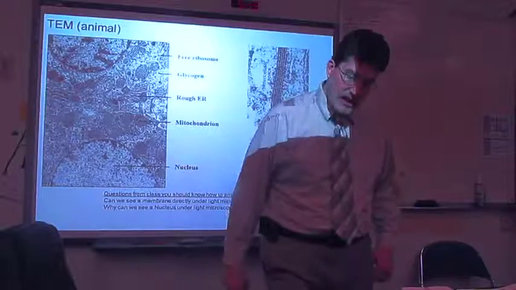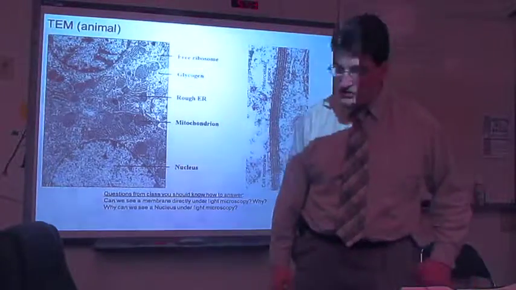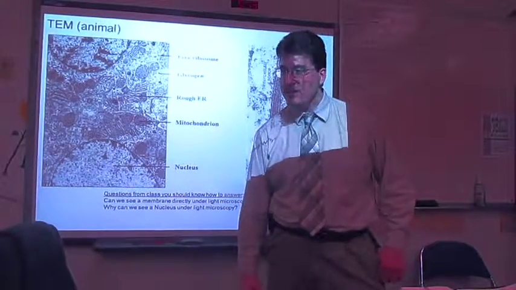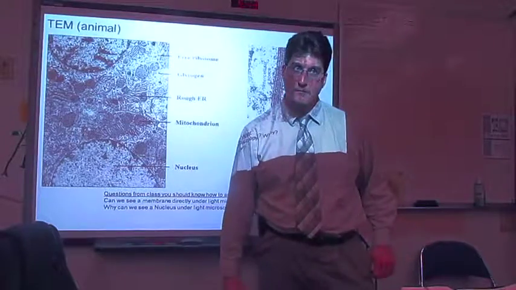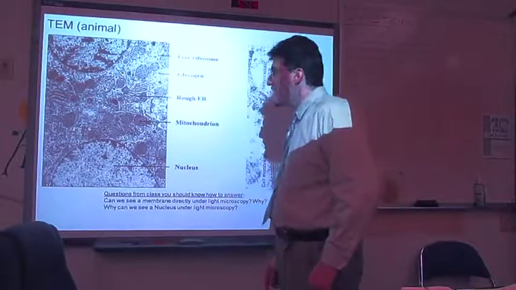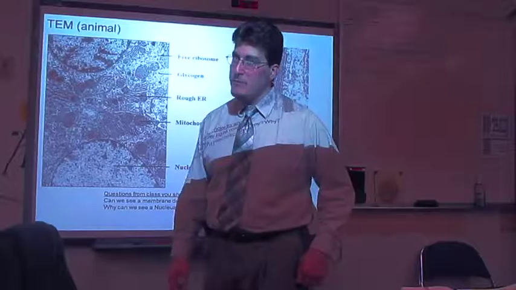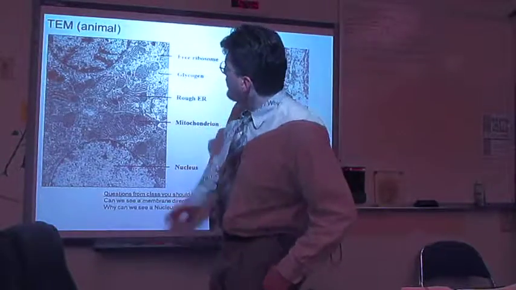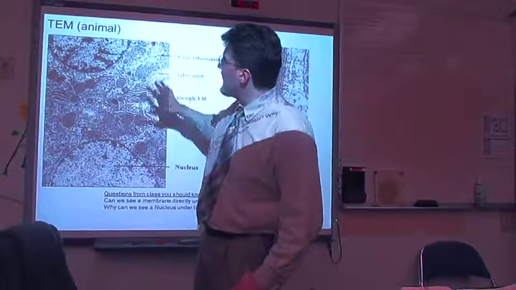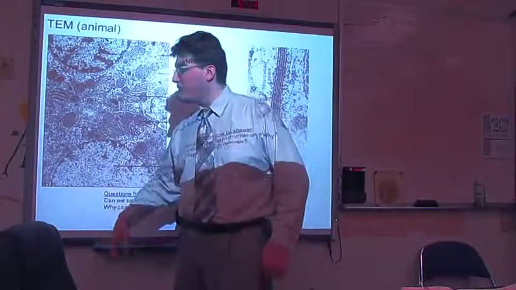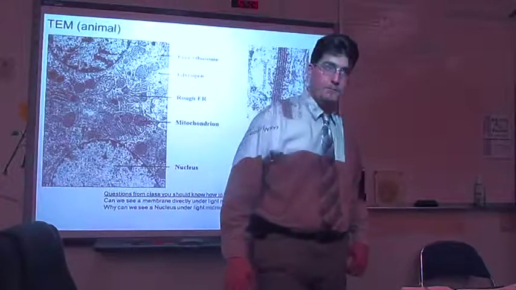In a transmission electron microscope, there is no such thing as empty space unless there really is nothing there. Even the space within cells is full of stuff. There's always stuff there.